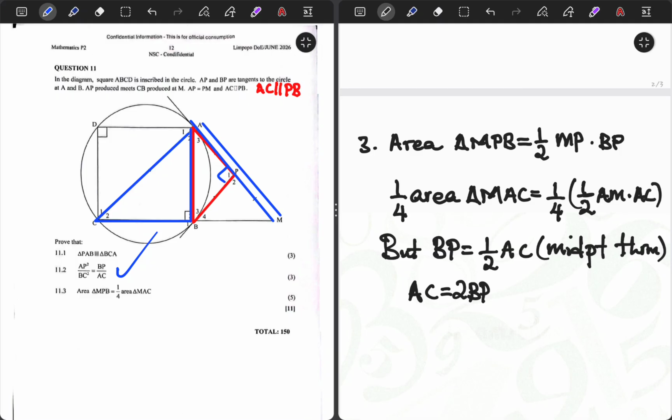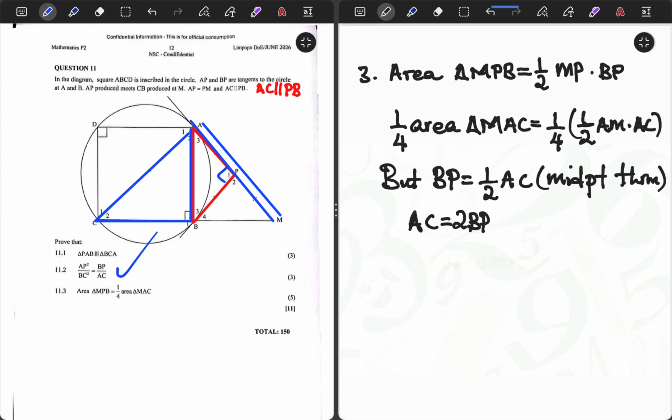Okay, let's have that. Now let's see what we're going to have there. So working with 1 over 4, this one, area, triangle MAC, that will be 1 over 4 into half.